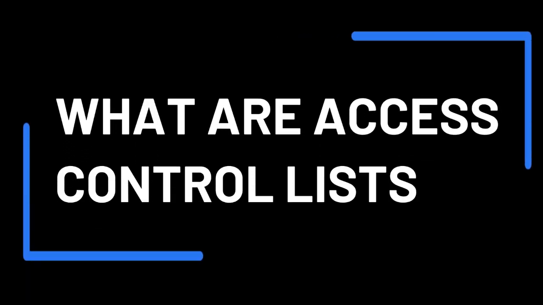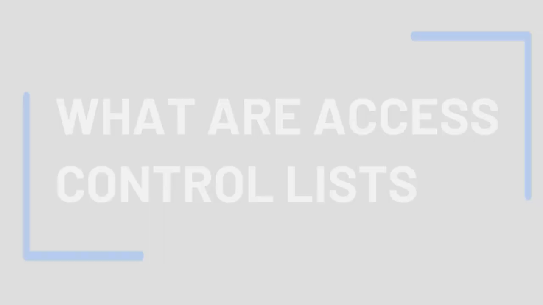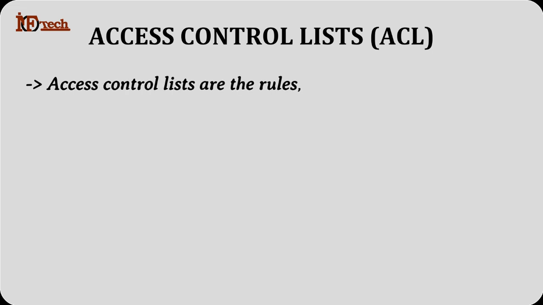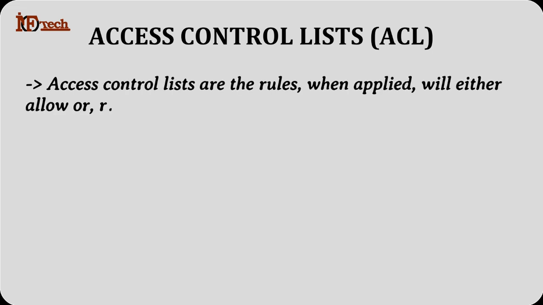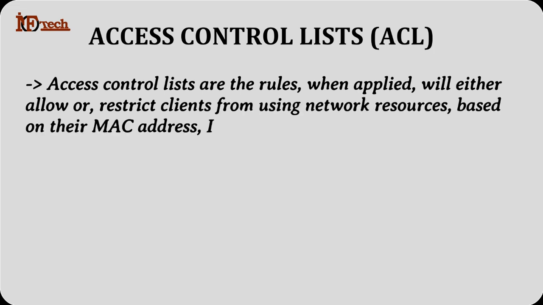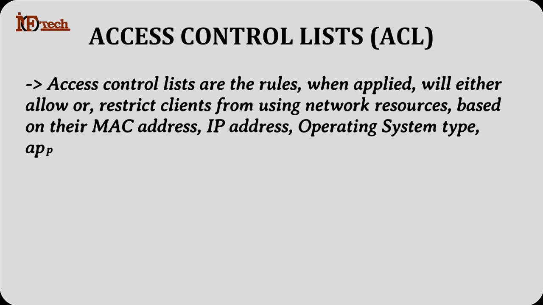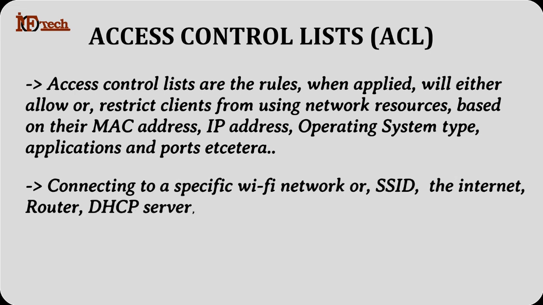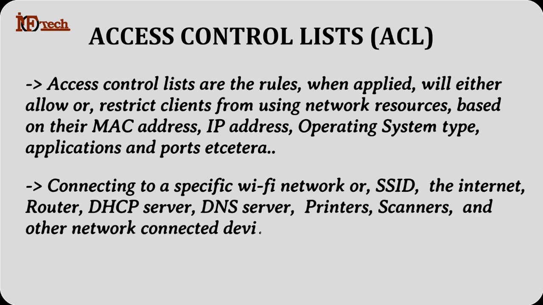What are the access control lists or ACLs? In simple words, ACLs or access control lists are the rules, which when applied to a Wi-Fi network, will either allow or restrict clients from using network resources, based on their MAC address, IP address, operating system type, applications and ports etc. By network resources I mean connecting to a specific Wi-Fi network or SSID, the Internet, router, DHCP server, DNS server, printers, scanners, and other network-connected devices.